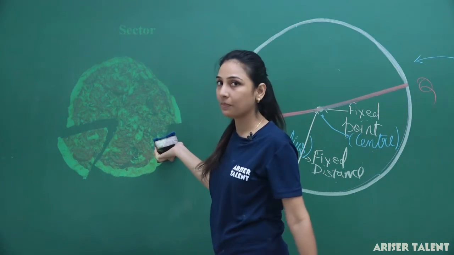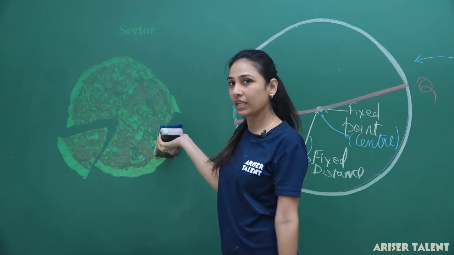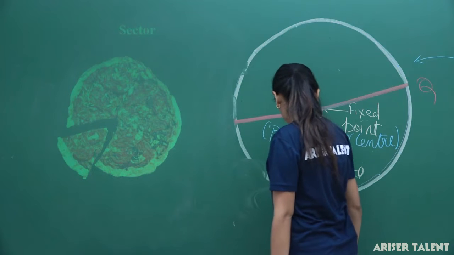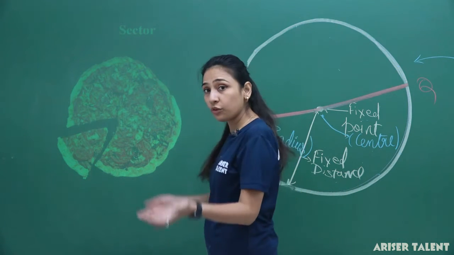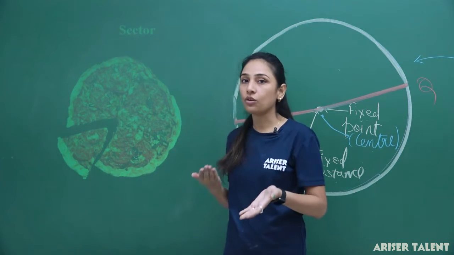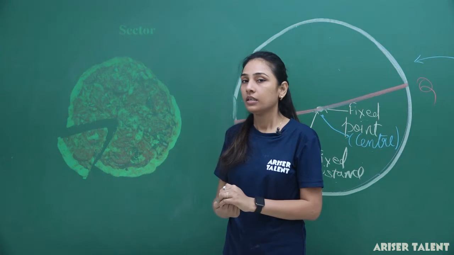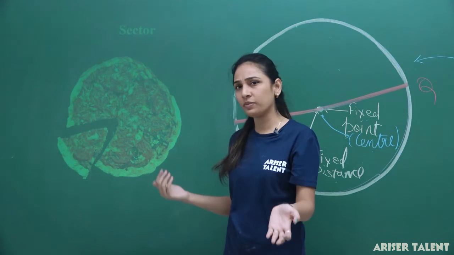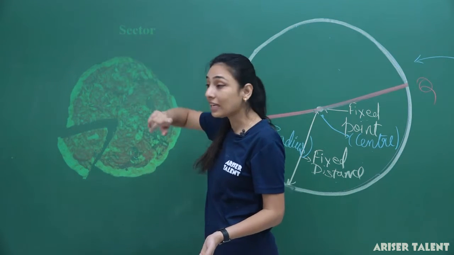Now, we have a pizza, you eat, you like it. In pizza, what do we take? A slice of it. Now, we won't tell someone to take a slice of pizza, we will say a sector of pizza.